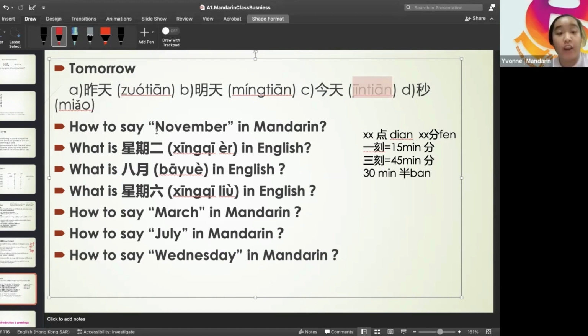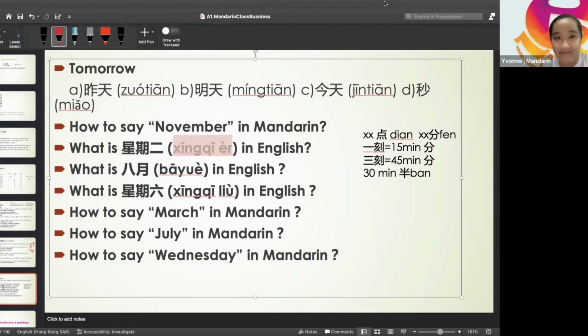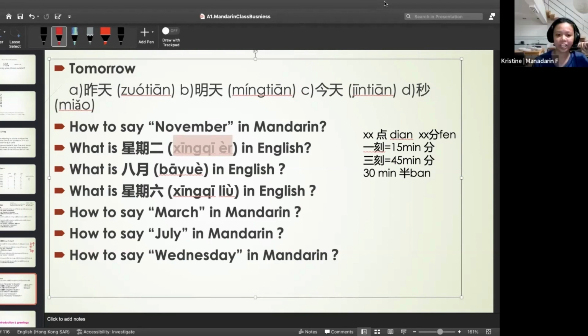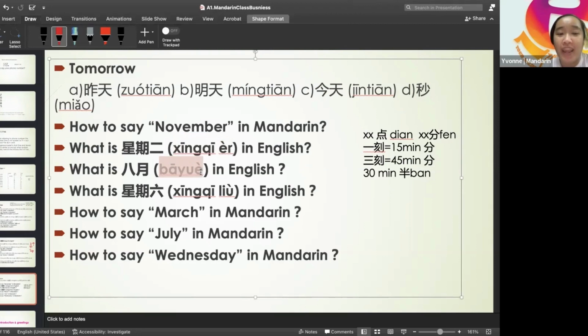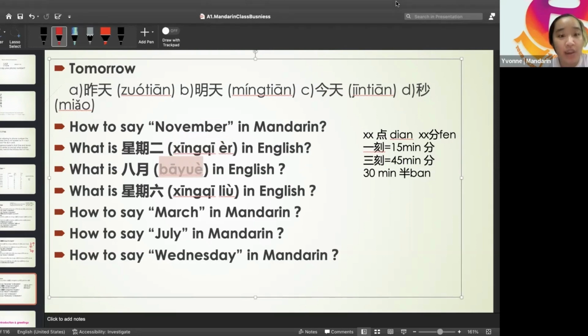Both of you are perfect. Correct. What is 星期二? Tuesday. Good, Spiker. 星期二 because it's 2. How about 八月? What month is this? August. Very good.